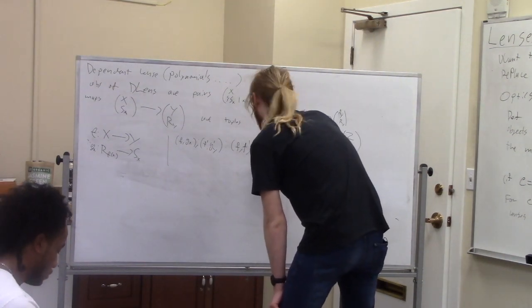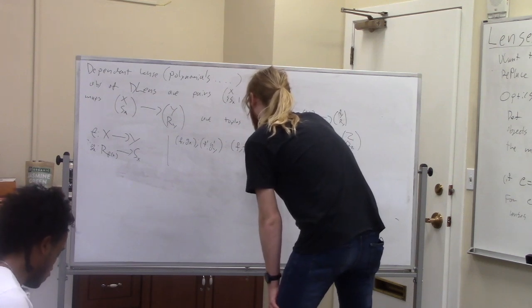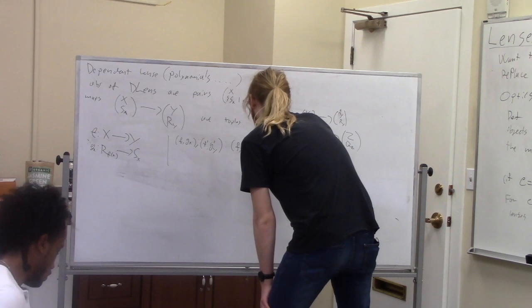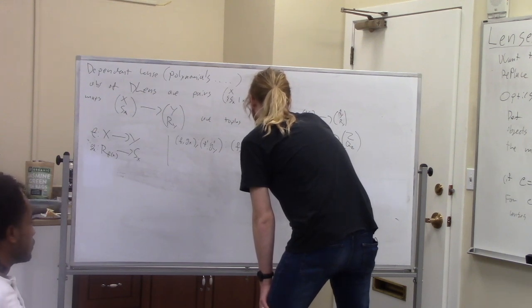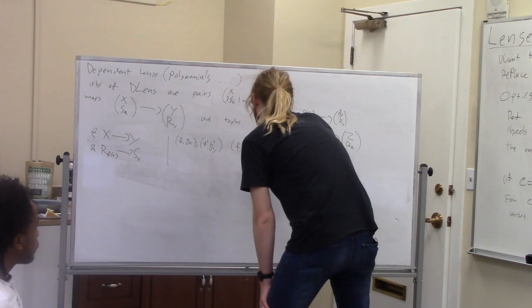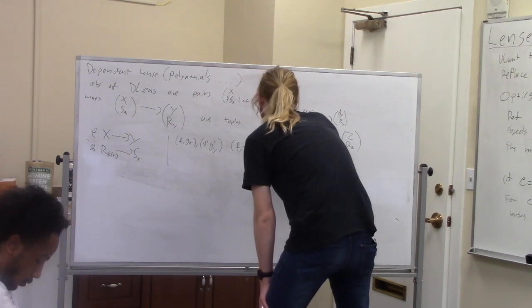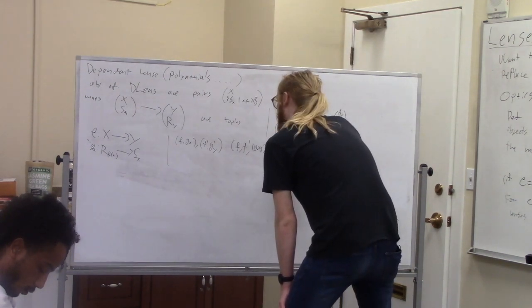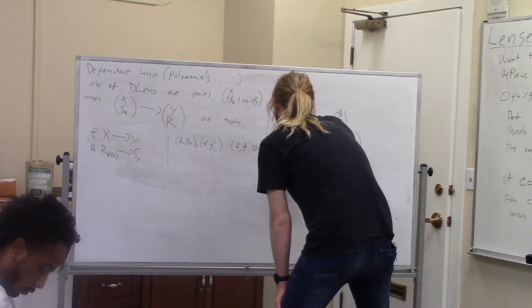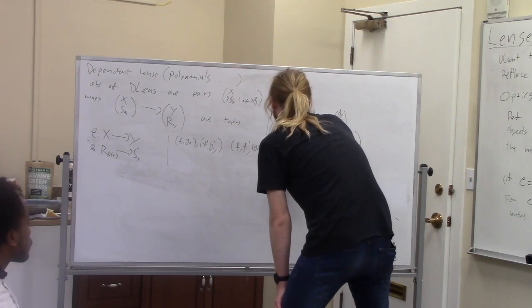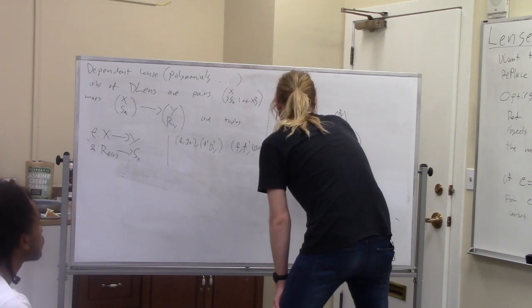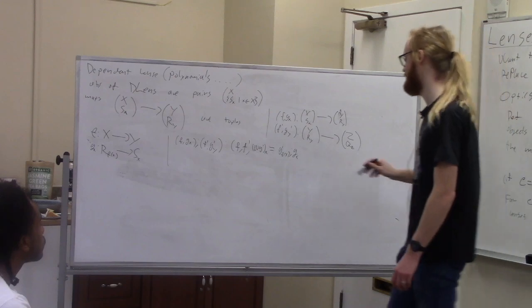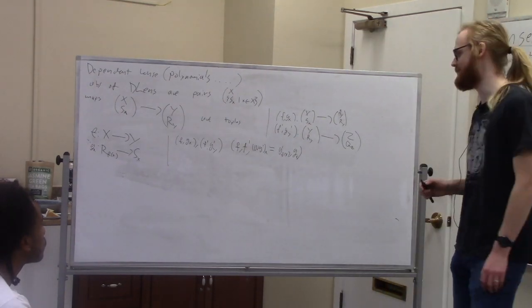So g compose g prime at x is by definition, of course we compose in the other direction, so it's g prime of f of x compose g x, which, the types magically happen to add up, so this makes sense.